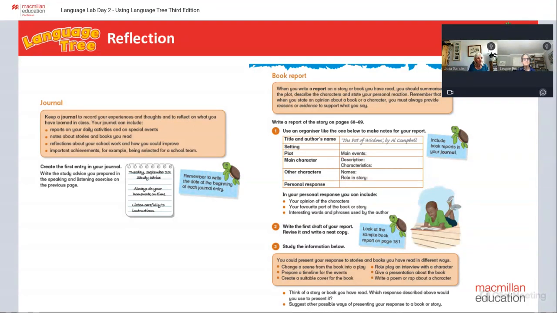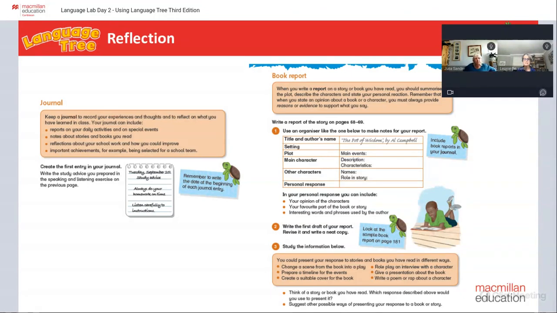It can be a report on daily activities, special events, notes about the stories and books you read, reflections about your schoolwork, how you could improve, and important achievements, for example, being selected for a school team. And you will find lots of little references to put this in your journal right throughout the book.